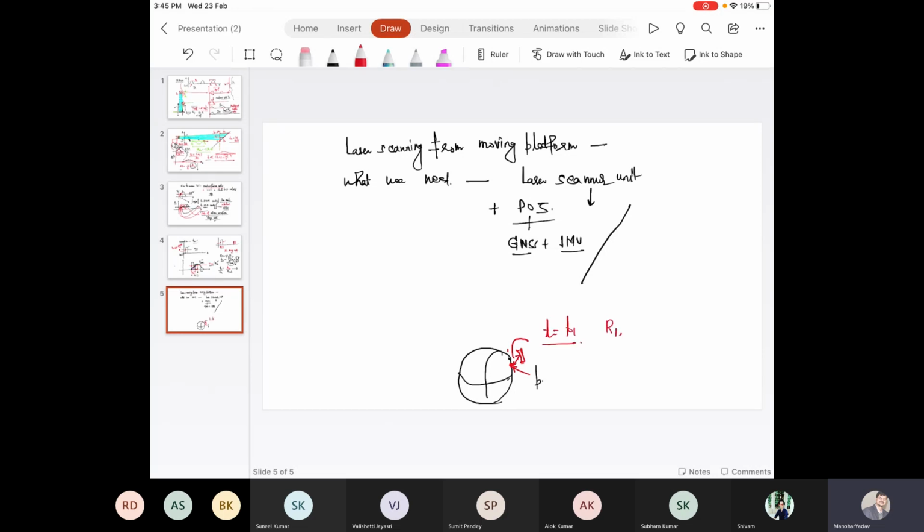Corresponding to that, R1 and theta1 are calculated. It is combined with the data of GNSS plus IMU at time T1. And this point's coordinate is measured in the global coordinate system, that is X, Y, and Z. So this process is termed geolocation.